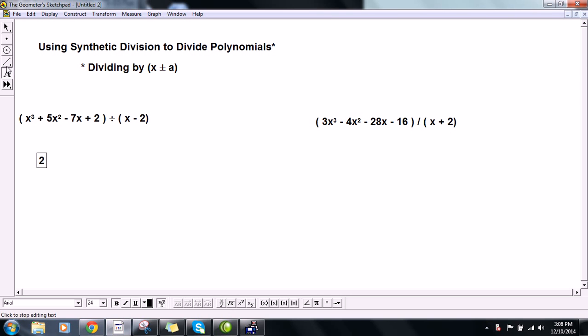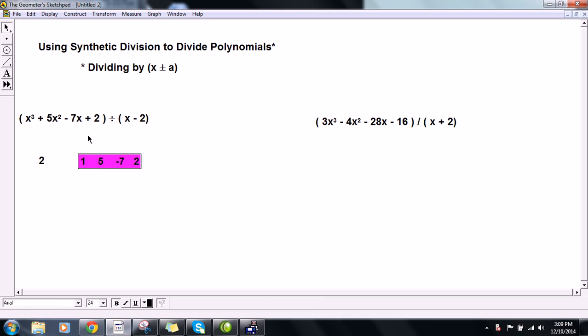Then I'm going to line up all the coefficients of the numerator, in descending order from the highest degree term to the lowest constant. So my coefficients will be 1, 5, negative 7, 2. I'll line all those numbers up, leaving some space: 1, 5, negative 7, and 2.